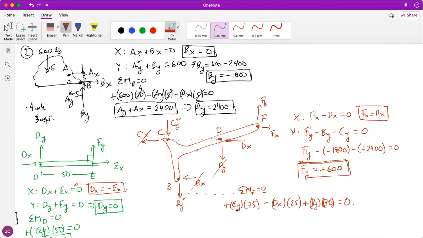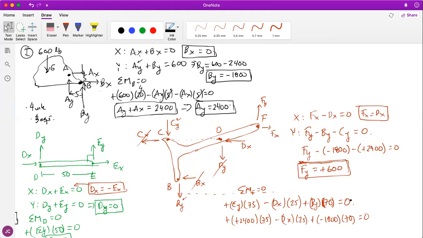Now let's put what you know. Cy was all the time a plus, times 75. What about Dx? Dx is going to be multiplied by 25. Now, what about By? Do I know By? Yeah, By was a minus 1800 in all the problems, times 70, equals 0.